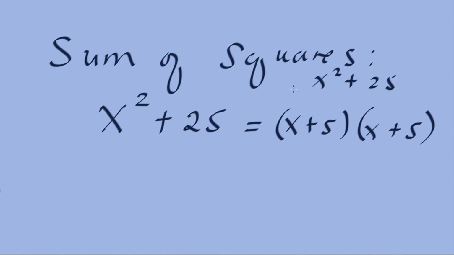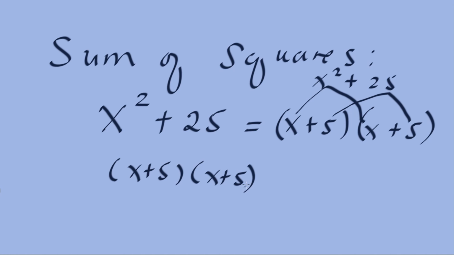So after we do some exercises from a difference of squares, we might do this type of factoring for sum of squares, because x squared will be x and x, and factors of 25 will be 5 and 5. Only we have two positives for our product factor. But when you check, what is x plus 5 times x plus 5?